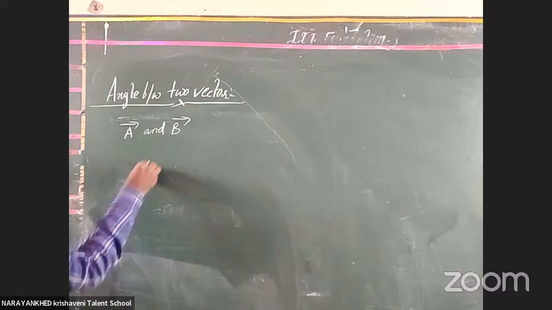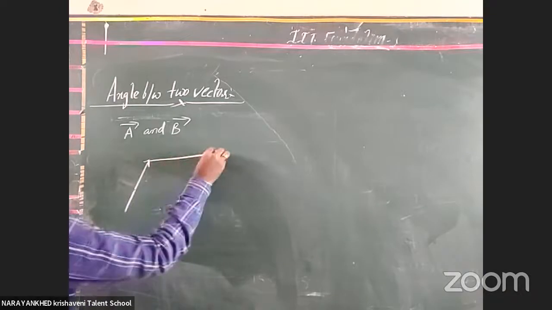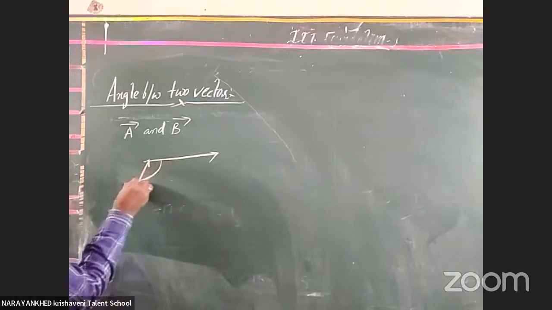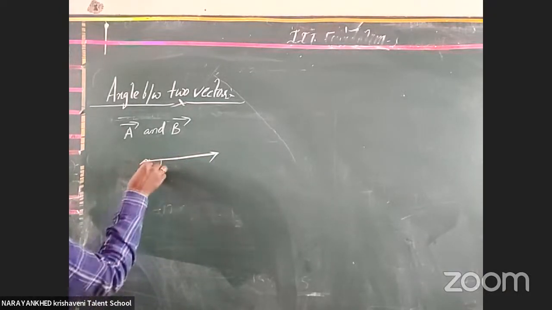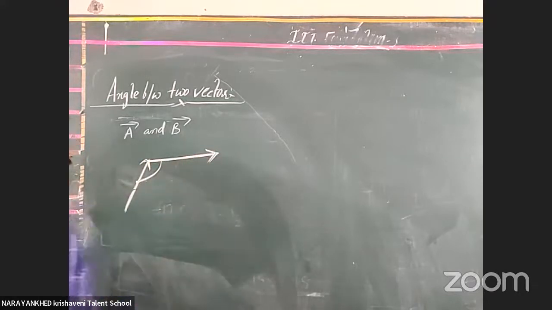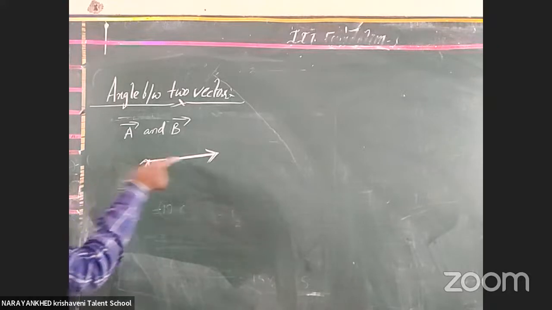Suppose there are two vectors taken one head to another head, as well as one head connected with another tail. Clear or not?